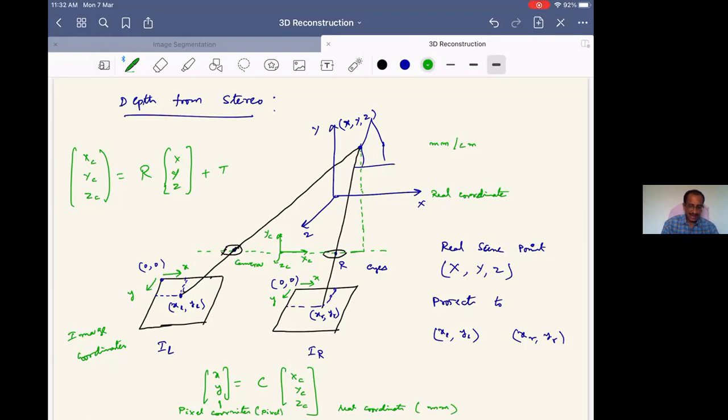Then we can calculate the relation between them given the focal length and the pixel to camera coordinate conversion, which comes from calibration. That means if we take a couple of pictures, we can know what physical distance corresponds to how many pixels. This process of establishing the relation between the pixel coordinates, the camera coordinates, and the real coordinates is referred to as calibration.